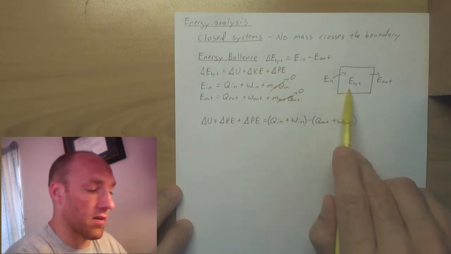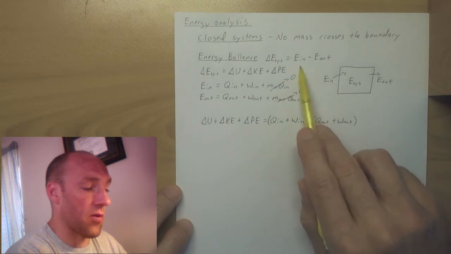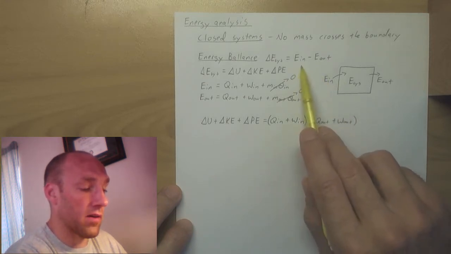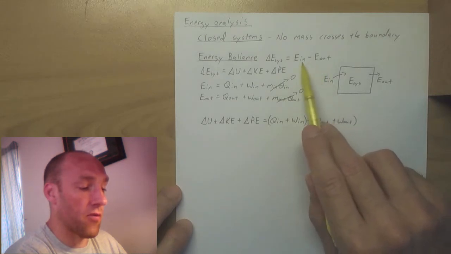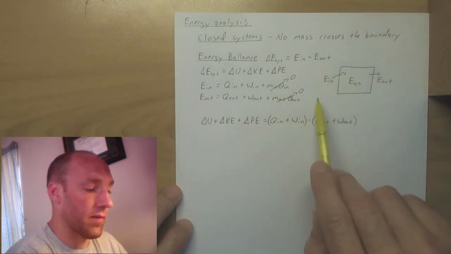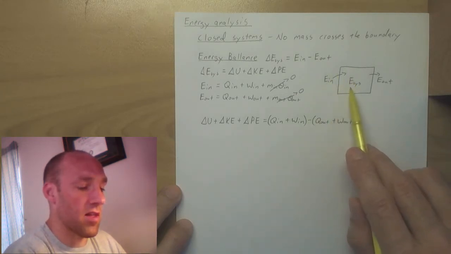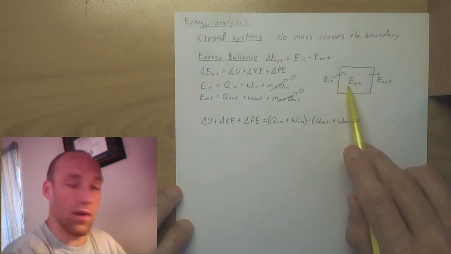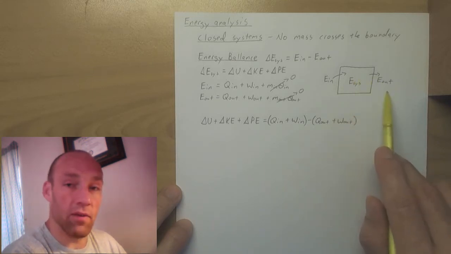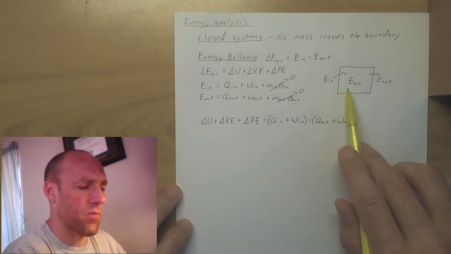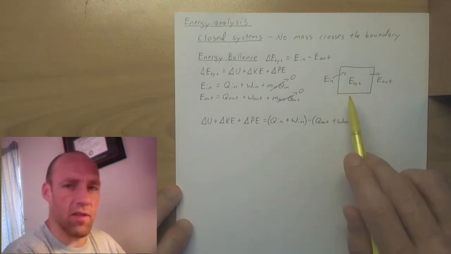The change in the energy of the system has to be related to the amount of energy that crosses the boundary coming in, and the difference between what came in and what left. Okay, so another way of putting that is that energy comes in. Some of it only has two choices. It either can hang out there or it can leave. So it's a very simple statement, but still very powerful in its application.